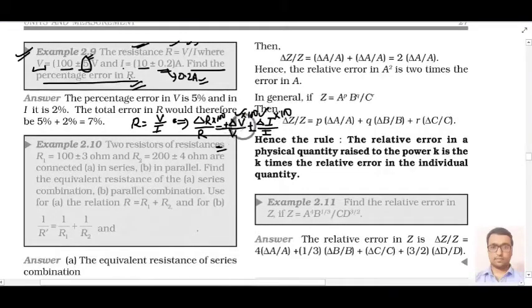So delta V by V into 100 is 5%, plus delta I by I, that is 0.2 upon 10, multiplied by 100, which gives 2%. So the overall answer will come out to be 7%.